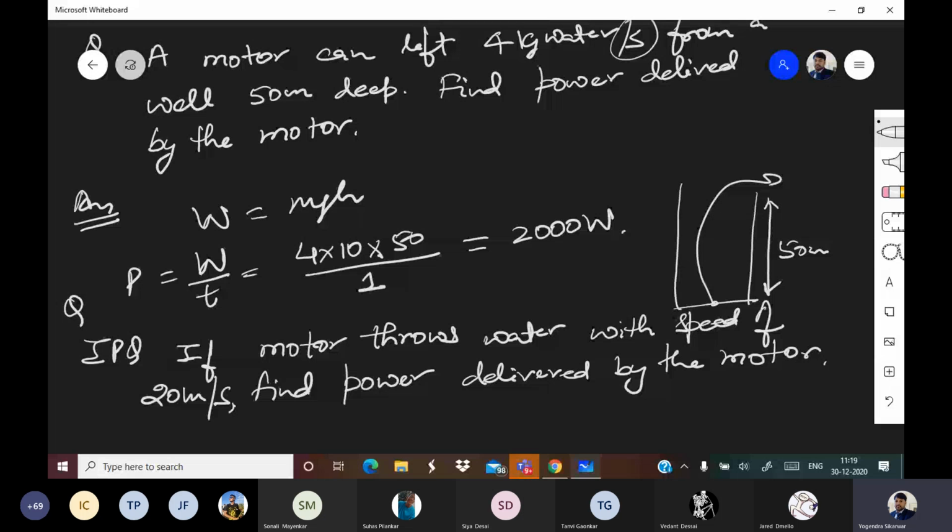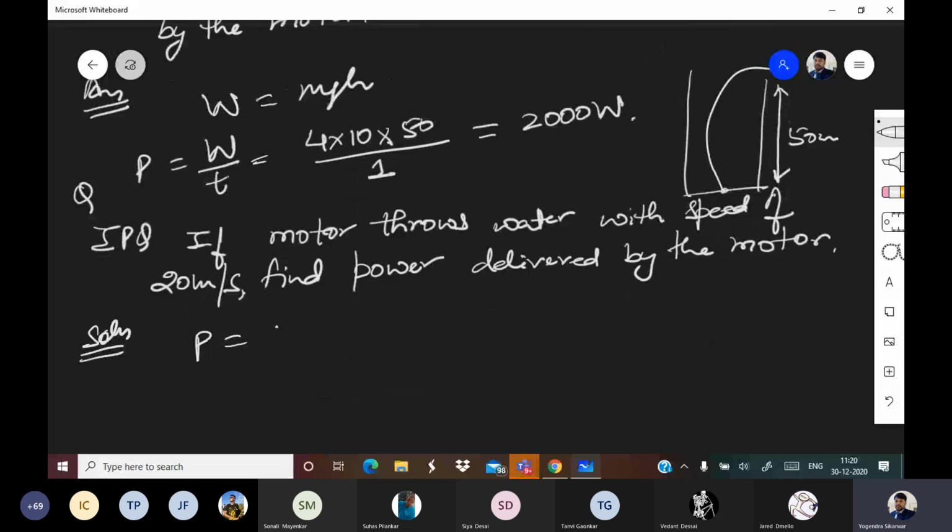So work done will be for lifting up, and work done for giving kinetic energy, and based on that you need to find power delivered. Yes, it should be 2800. So please pay attention.